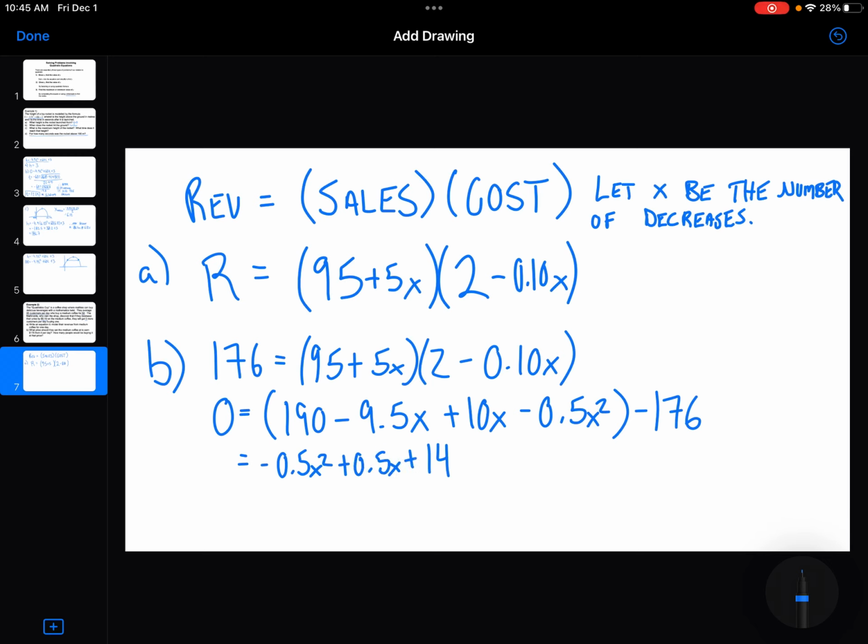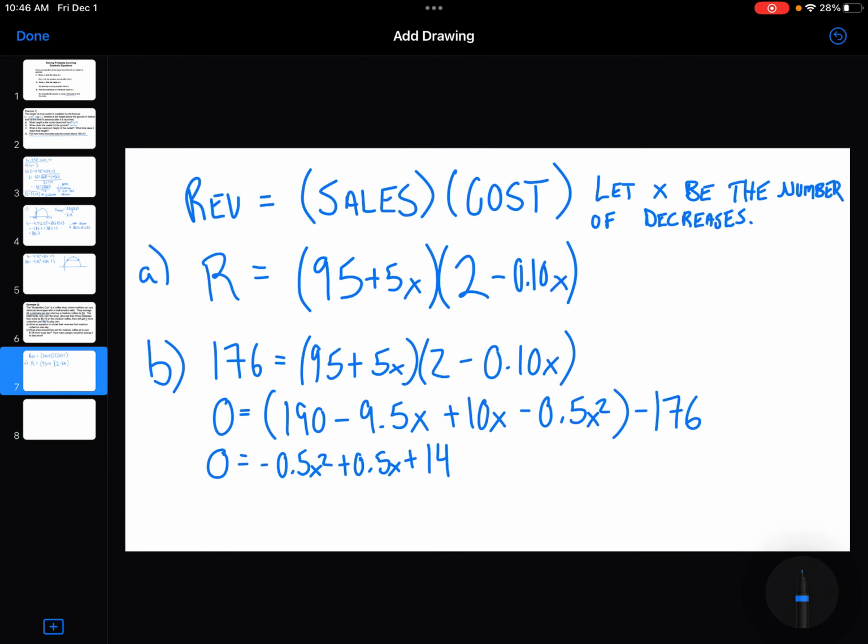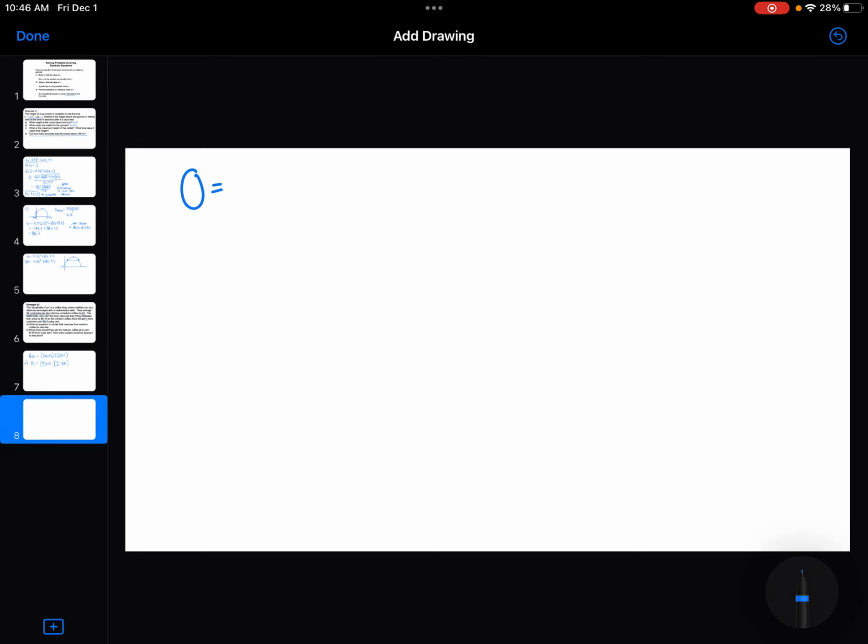And there's our equation. We've collected all our like terms. Now, we need to take that equation and find out what our values would be. So we need to either factor it or use the quadratic formula. Due to the fact that it's got decimals, I'm just going to use the quadratic formula.